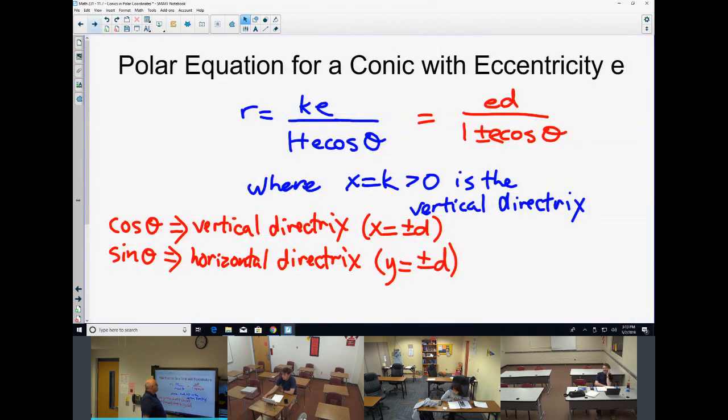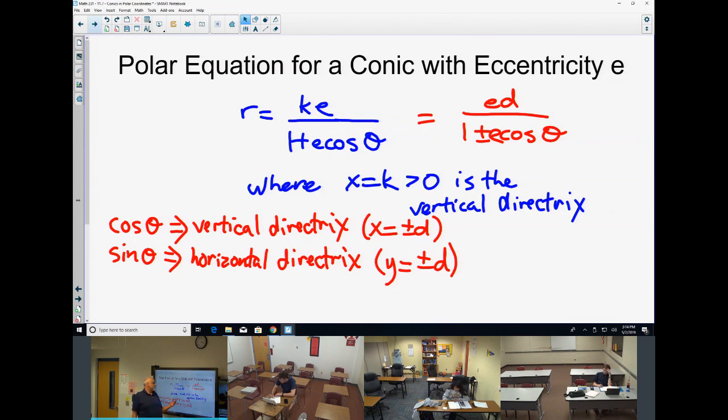All right. So next, let's talk about the eccentricity again, but this time we're going to have our polar equations. Now, this blue equation is how your book does it. I actually prefer how the trig book does it, where it's e times d over 1 plus or minus e cosine theta or sine theta. And so this is the formula I like to use.